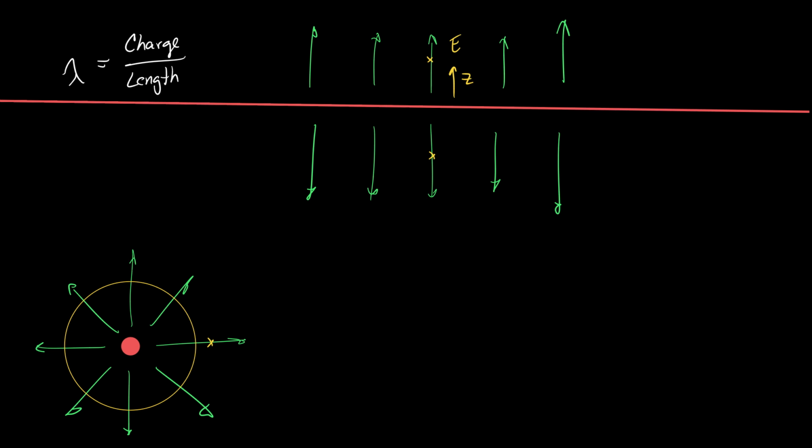All I need to do is try and trap a certain amount of charge inside my Gaussian surface. So I'm thinking I'm going to use a cylinder as a surface that I think will work. When I say cylinder, I mean it's just how it sounds. I'm going to use a right regular cylinder that I will wrap around my infinite line.